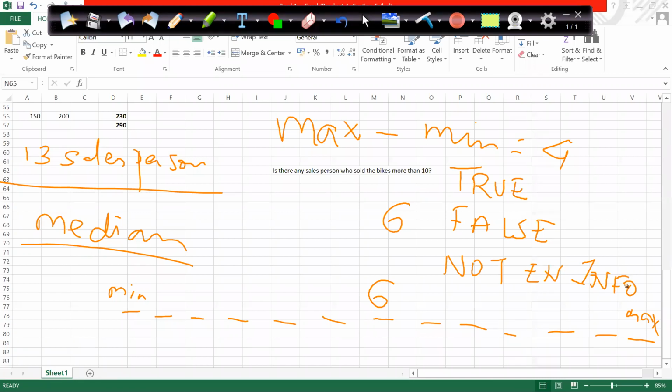So what will you go with? Because the range is 4. So what? I need the proper derivation. Ankush is saying option 3, which is this.